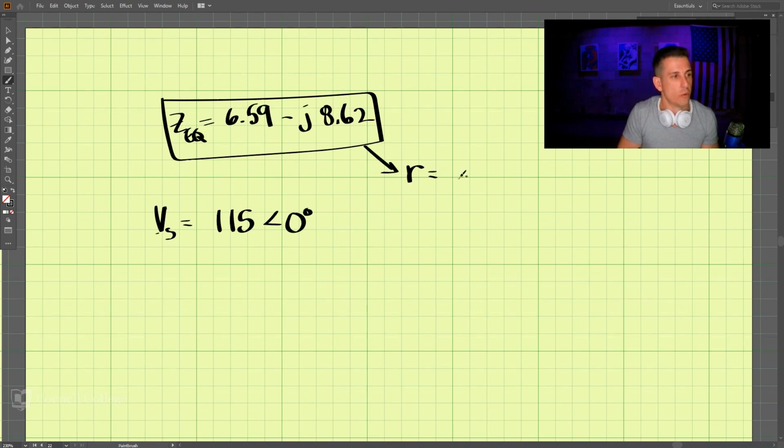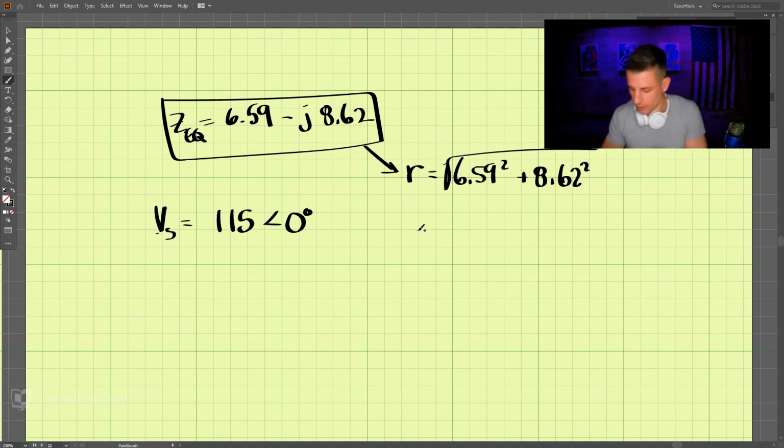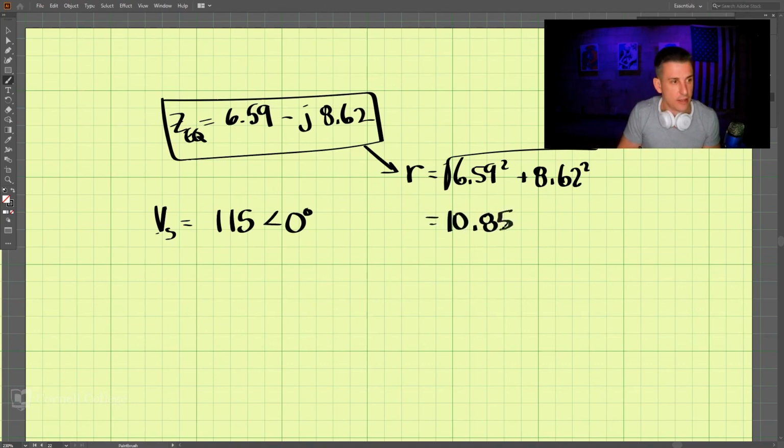So R is equal to the square root of 6.59 squared plus 8.62 squared. That comes out to be 10.85.